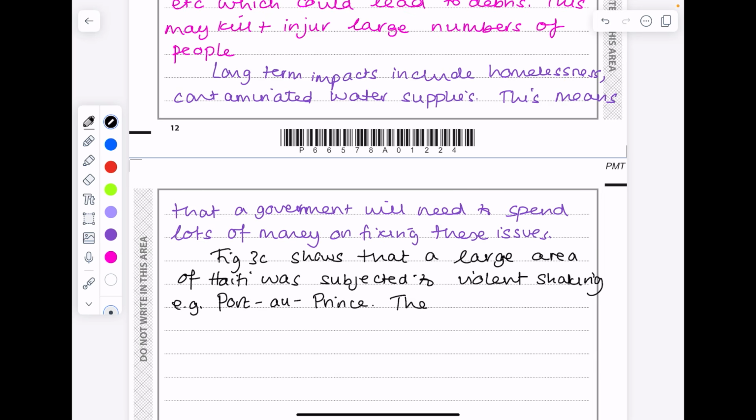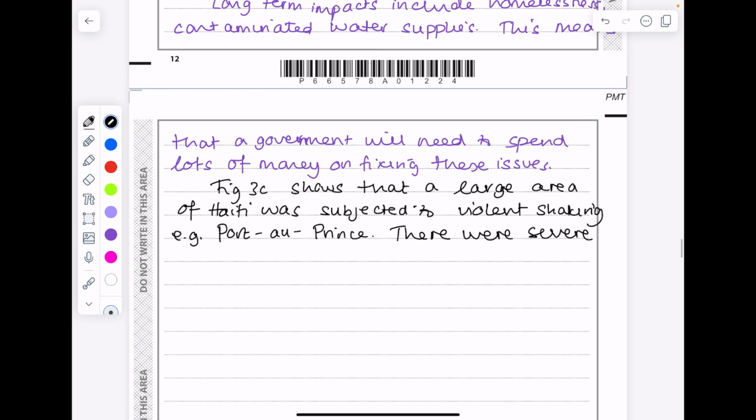There were severe short-term impacts, and we're going to list how many people died. 220,000 people died, and 300,000 people were injured.